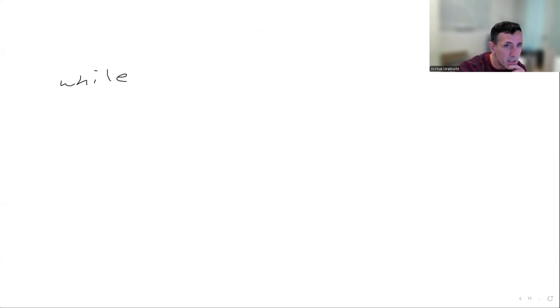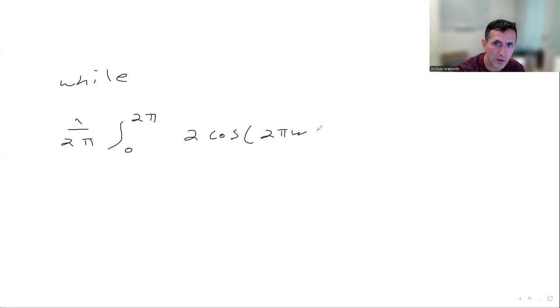Yeah. So you can check using calc 2 that 1 over 2 pi, 0 to 2 pi. So basically multiply these together. Cosine plus, and you're going to use the cosine addition formula, identity rather.